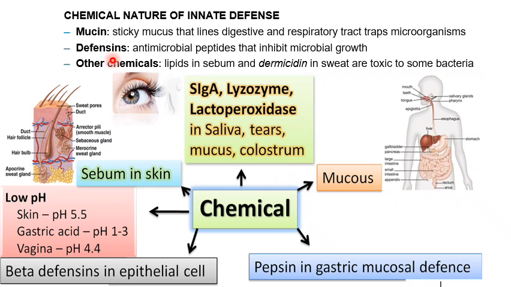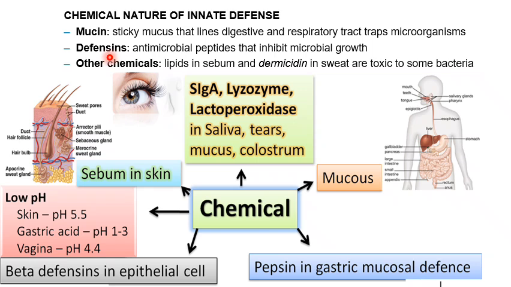It is the neutrophils, white blood cells, that produce defensins in our body, and they inhibit microbial growth.